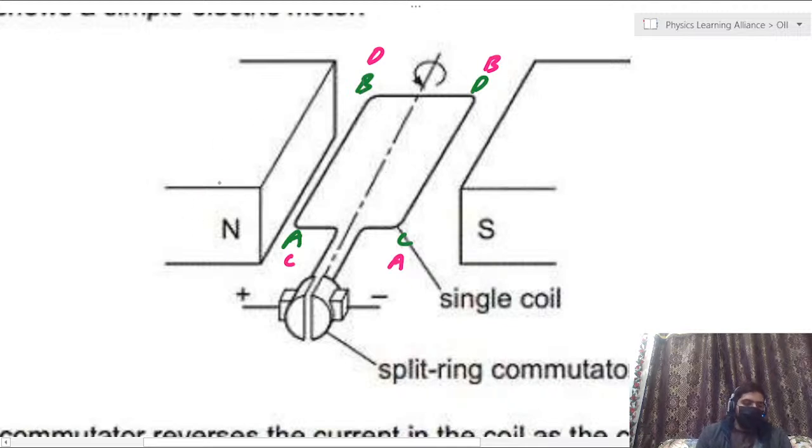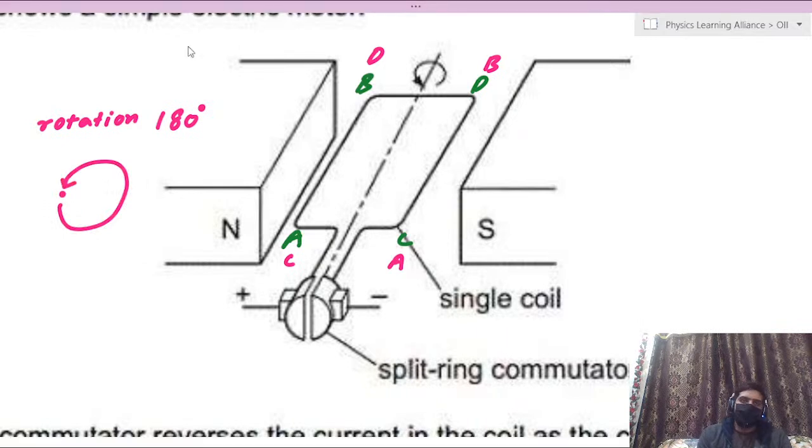So in terms of the angle, that is only around 60 degrees of rotation, because half rotation means 180 degrees, and if you complete the full rotation, that would be 360 degrees.